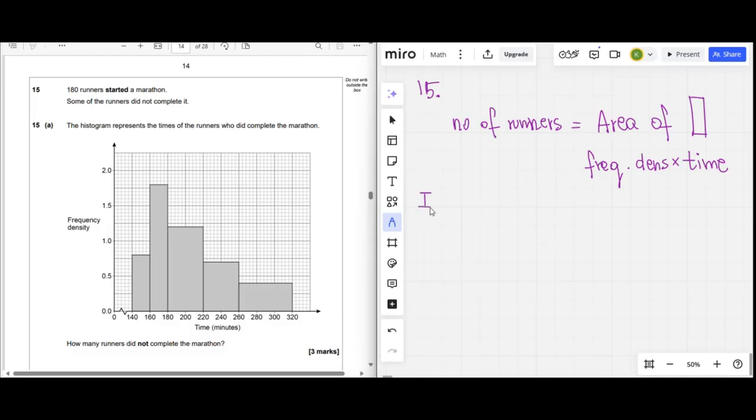And that time is the range, right? It's the range between them.